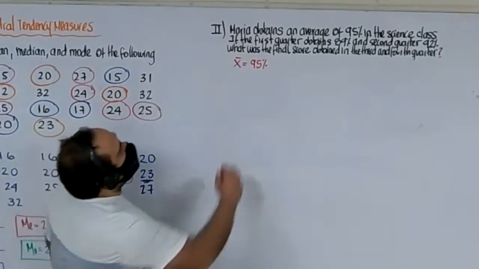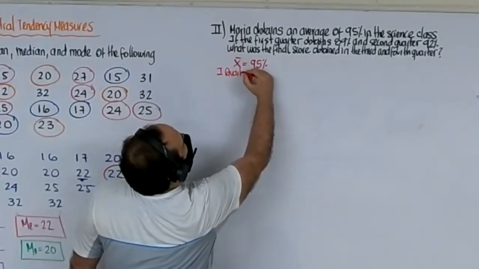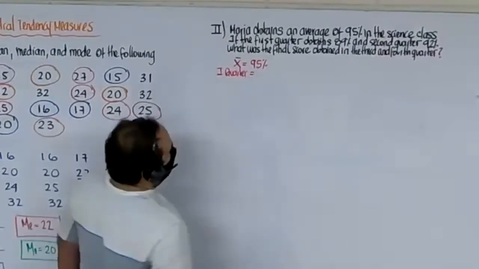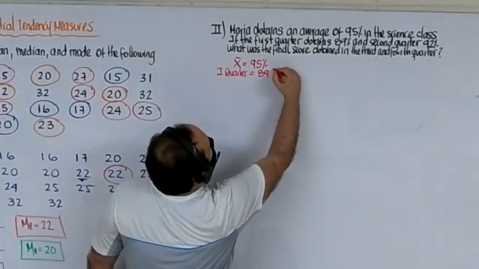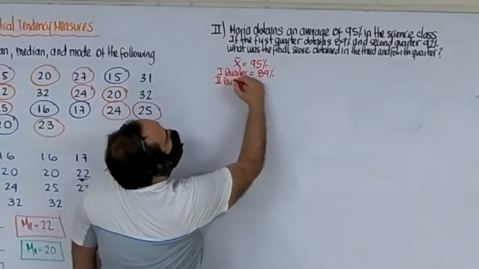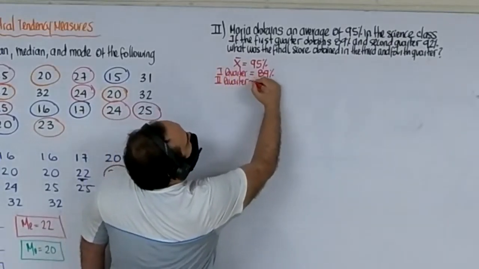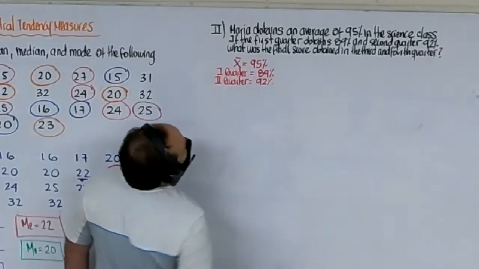The grade in the first quarter was 89%. In the second quarter, the final grade was around 92%.